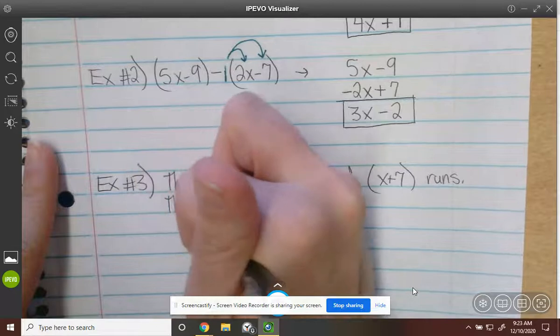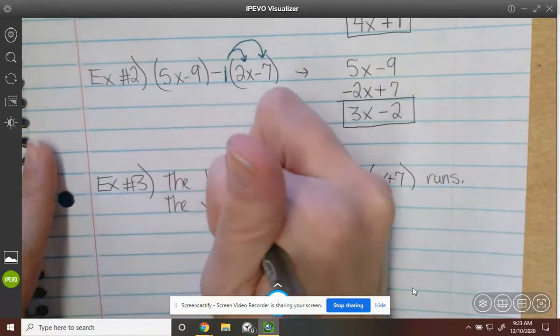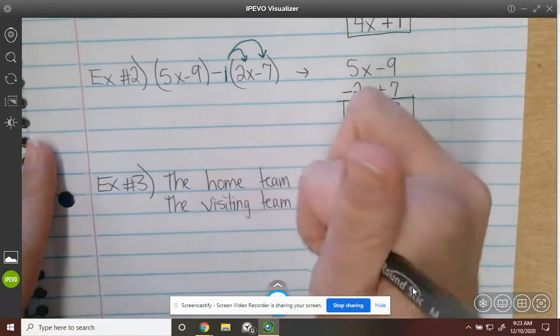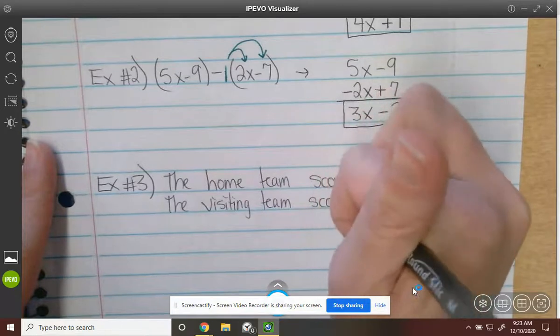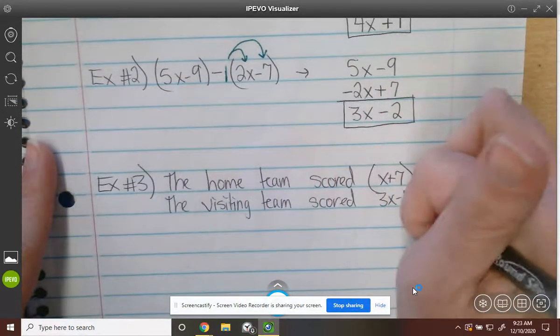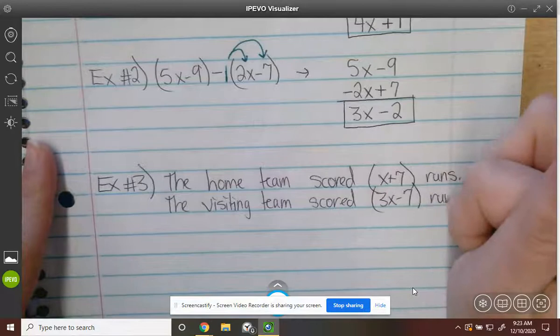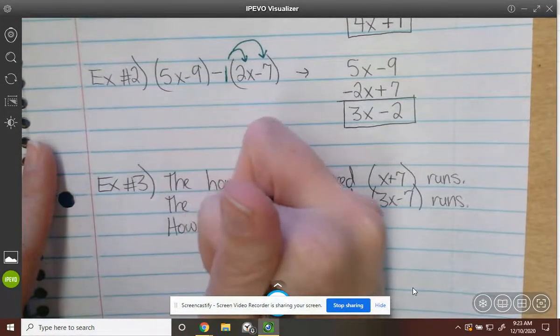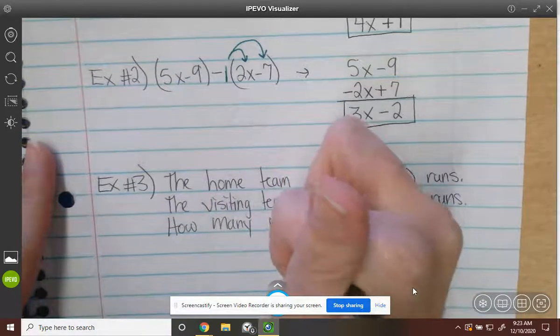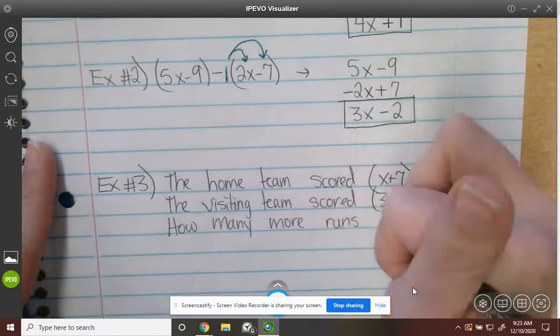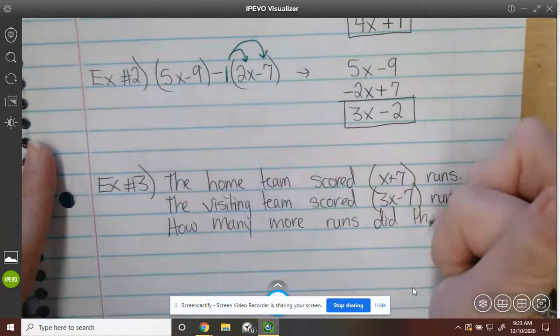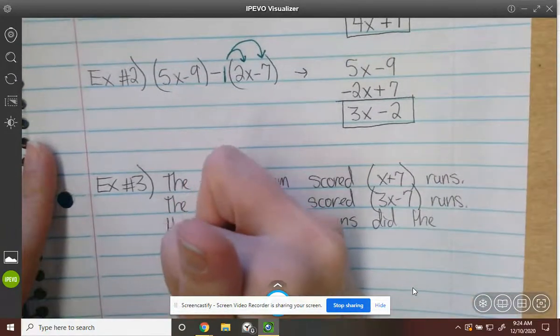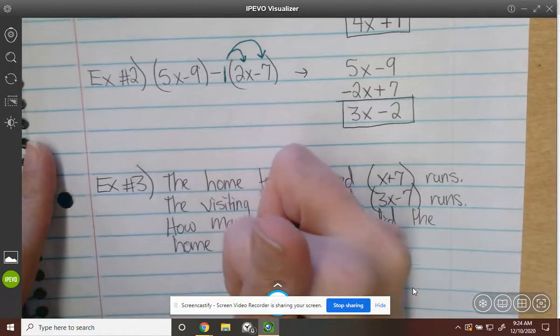The visiting team scored 3x minus 7 runs. How many more runs did the home team score?